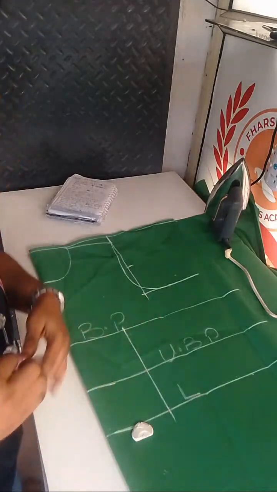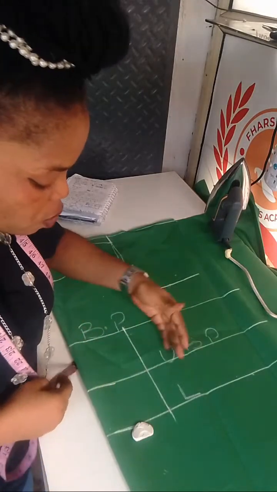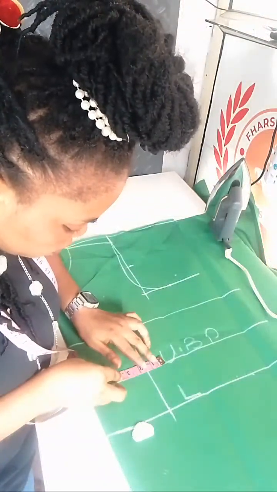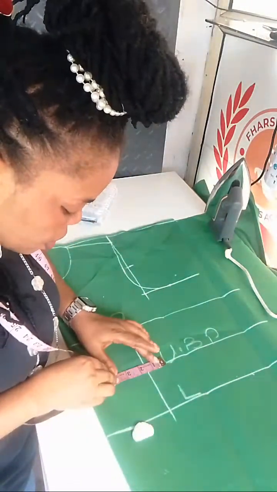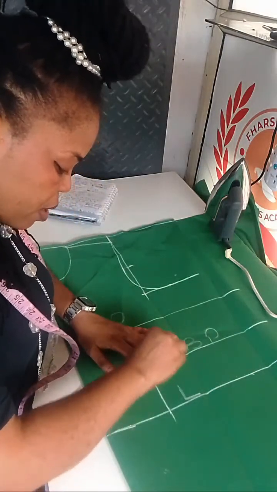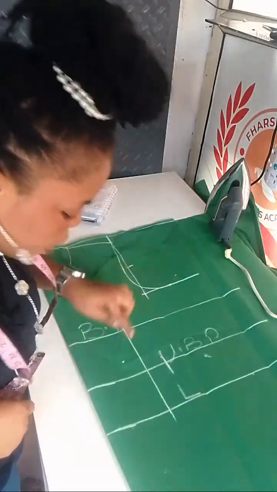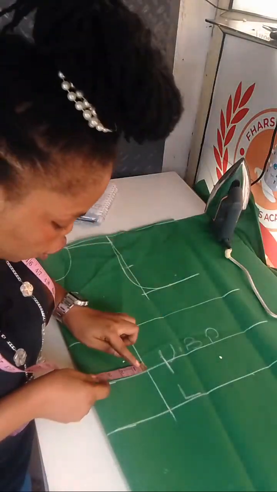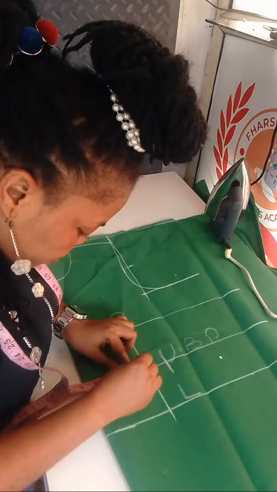So I'll come to the underbust. On this part of the underbust, I am going to take 1.5 inches. I'll mark that. And then on this part of the underbust, I'm going to subtract half an inch.